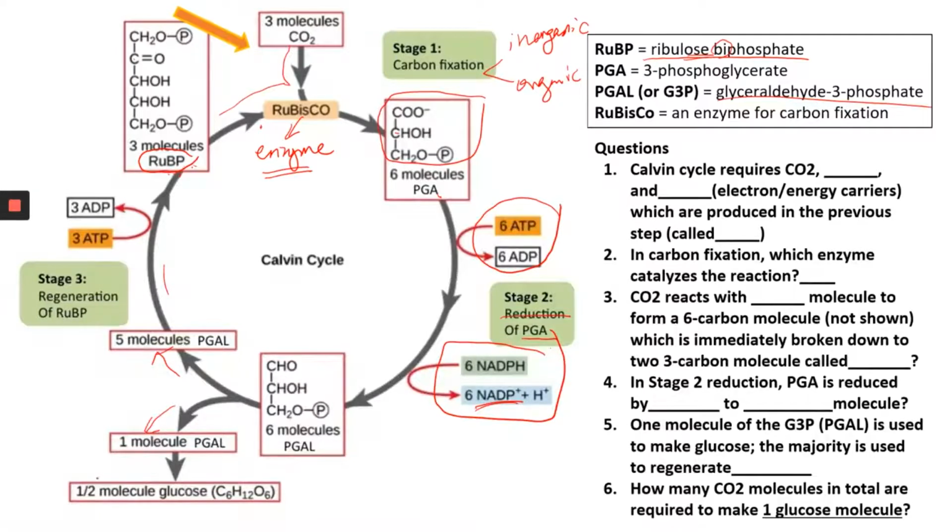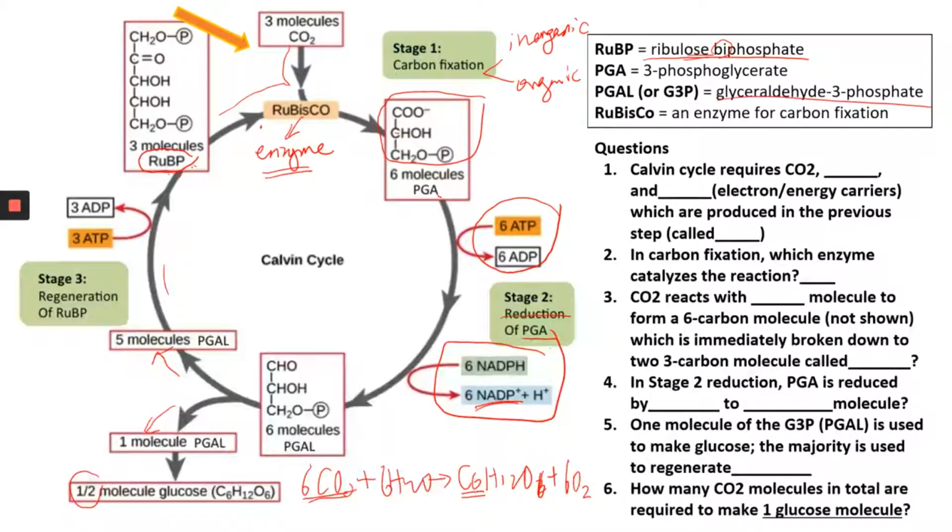Now let's talk about why here it's a half. So if you remember the reaction of photosynthesis, you have 6 carbon dioxide and 6 water, and you get 1 molecule of glucose. This is 6. And then oxygen, right? So you can see in order to make 1 glucose, you need 6 carbon dioxide molecules.